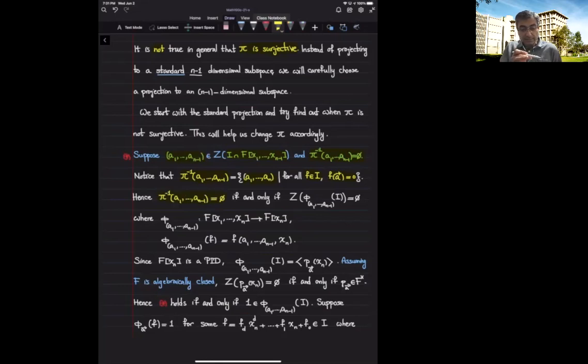but what does that mean? Let's try to understand this. This means that the first n-1 entries are fixed. This means essentially I'm evaluating my polynomials inside I. I'm substituting a_1, a_2, ..., a_{n-1} for the first n-1 variables.